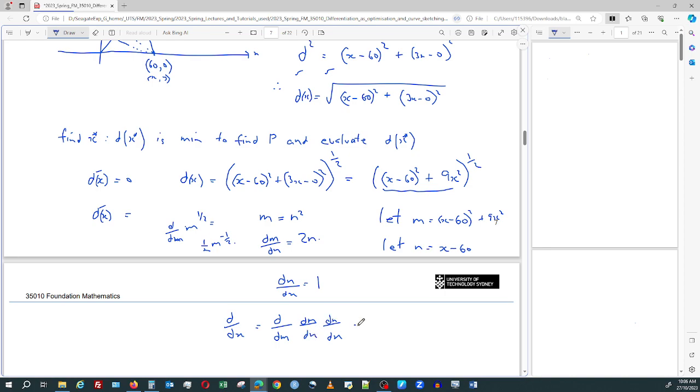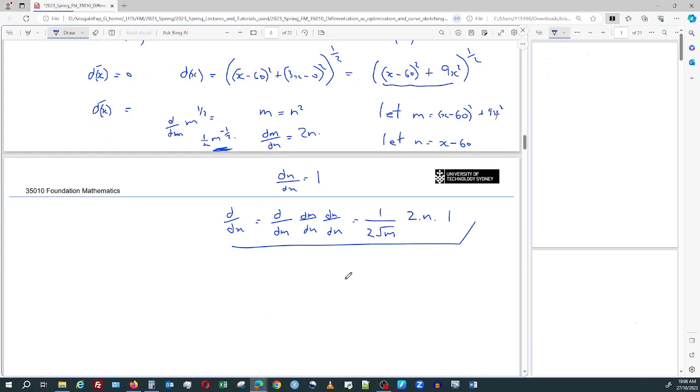So that's the correct one. So dd/dm is this one here, which is 1 over 2 the square root of m. That's this bit. The dm/dn is 2n, and the dn/dx we worked out was 1. So that's the complete chain, if you've been careful.